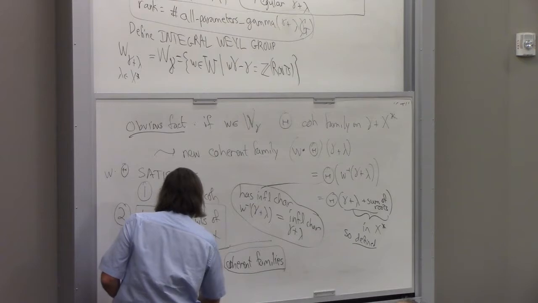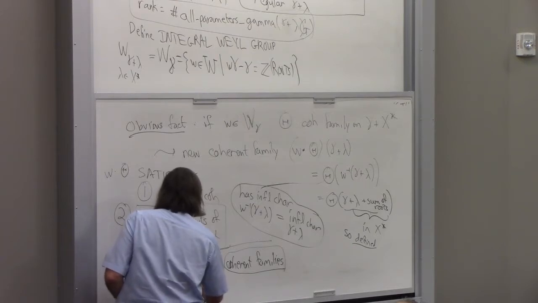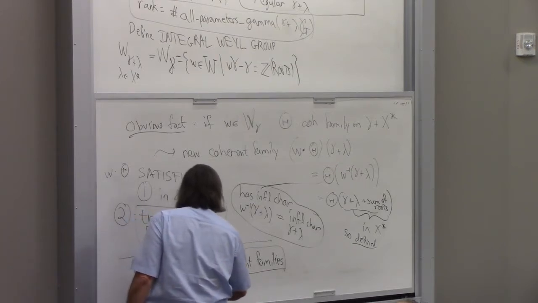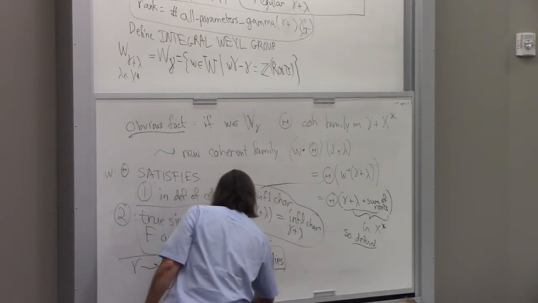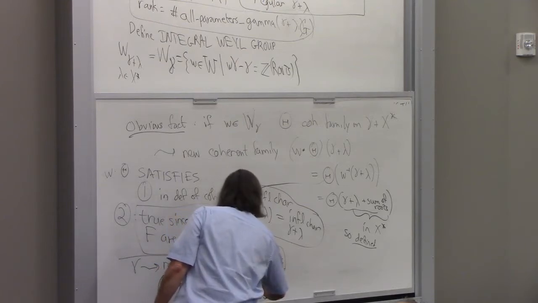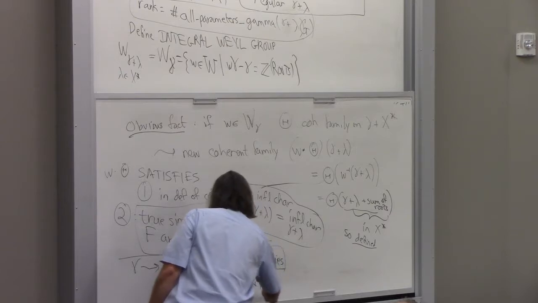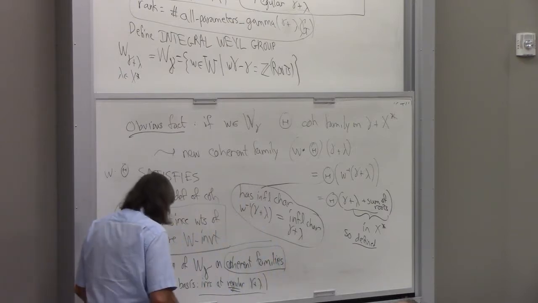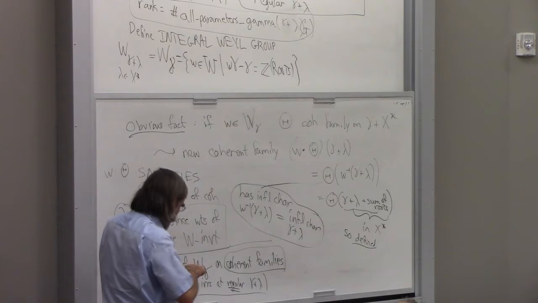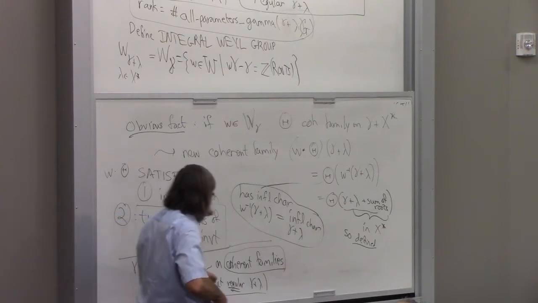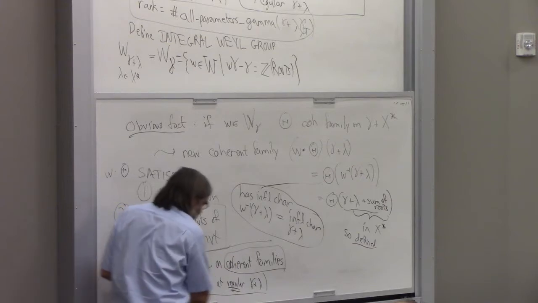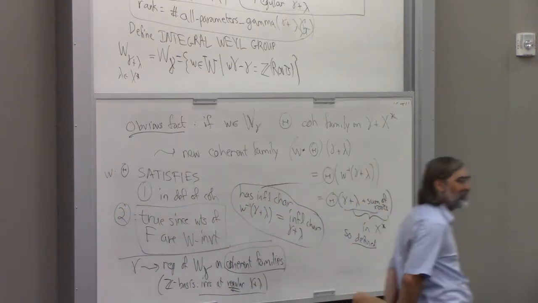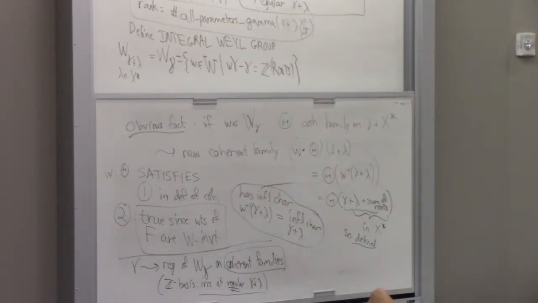Well, this has a Z basis given by the irreducibles at some regular gamma plus lambda. So you get a W gamma action on irreducible modules. And each irreducible module generates a representation of this integral Weyl group.